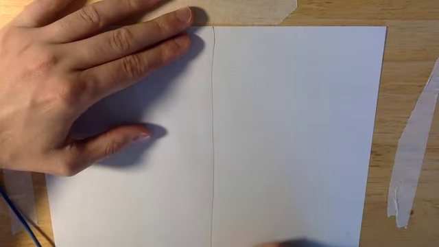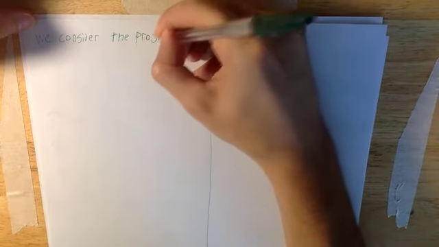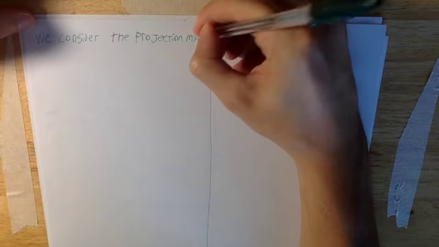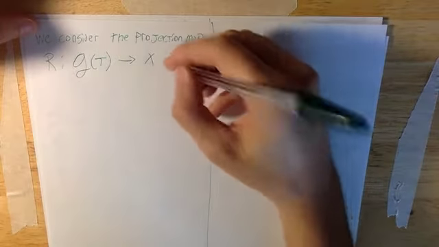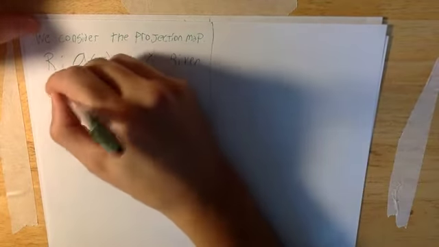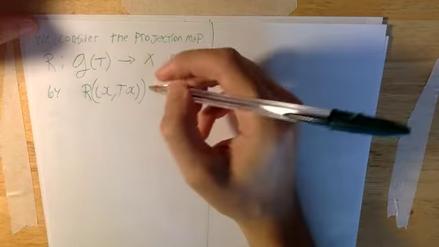What we're going to do is consider the projection map R, going from G of T onto X, given by R of (x, Tx) equal to x for every x.